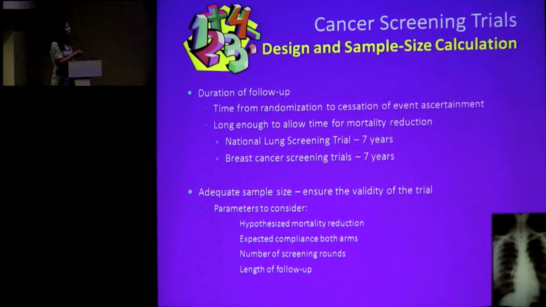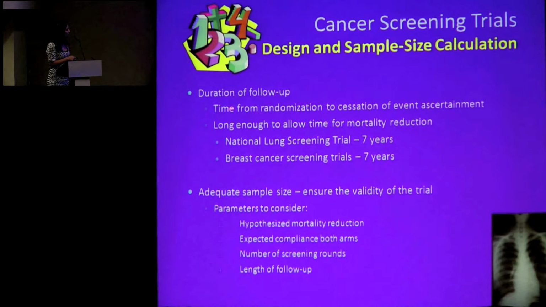So also something important when we're designing a cancer screening trial is the duration of follow-up. You want to make sure when you're designing a study that after you do the intervention, you follow individuals for a long enough time so you can actually see the outcome that you're studying. Because if your outcome in a study is mortality, probably you cannot follow the people just for 1 year to be able to see the outcome occur.